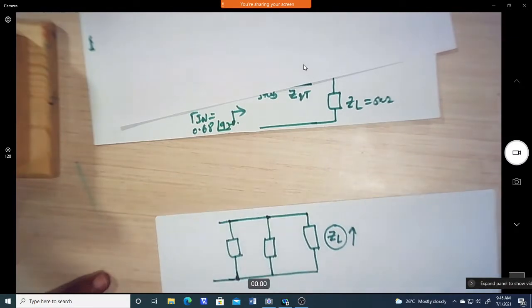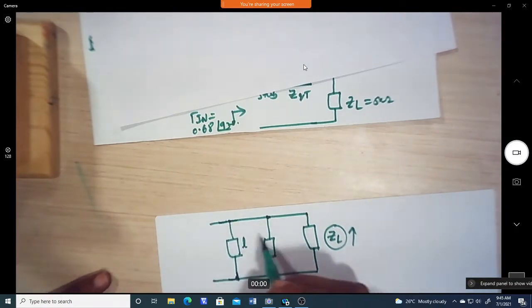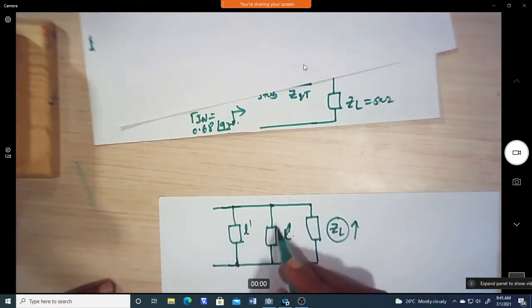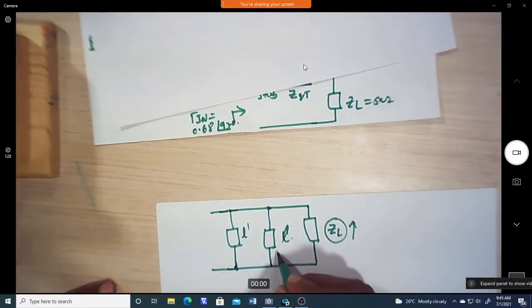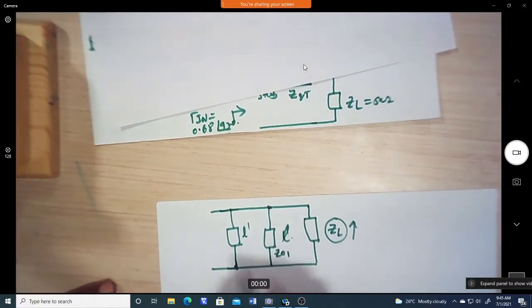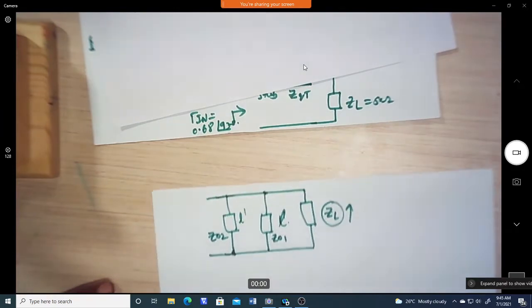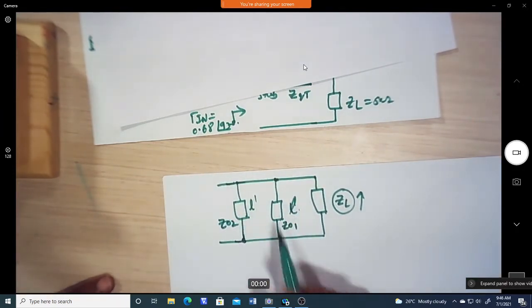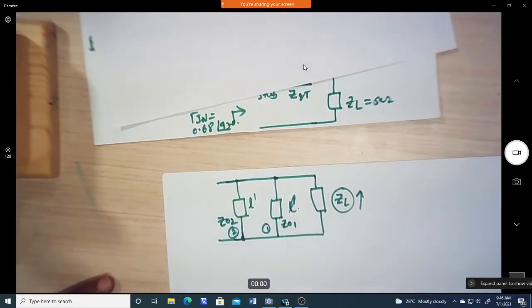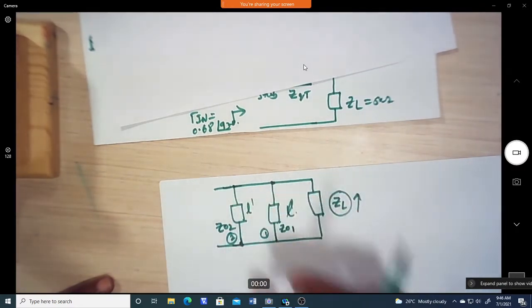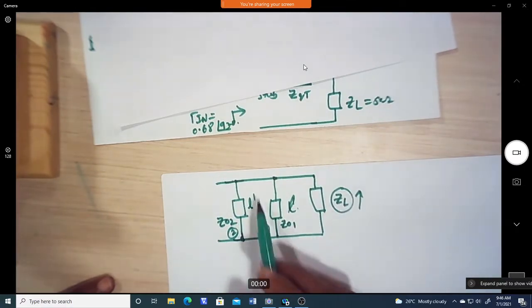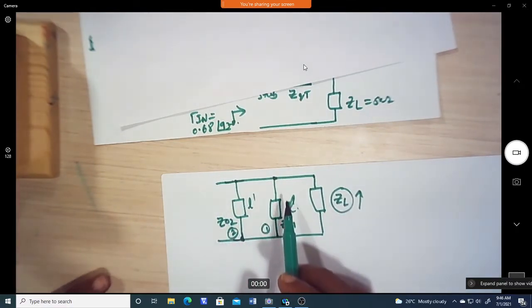I'll take the lengths of these stubs as L dash and L, which are the same. The lengths of the stubs are the same, but if I vary the characteristic impedance of stub 1 and stub 2 while fixing the length, I can solve for any kind of load. That is what we call double stub realization.